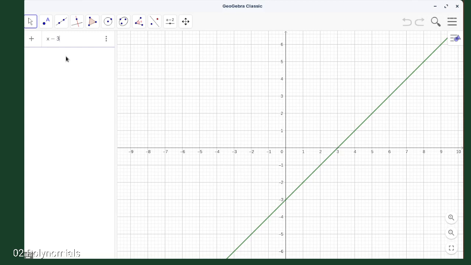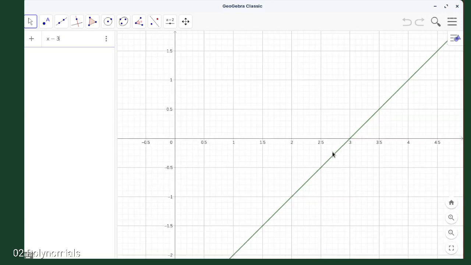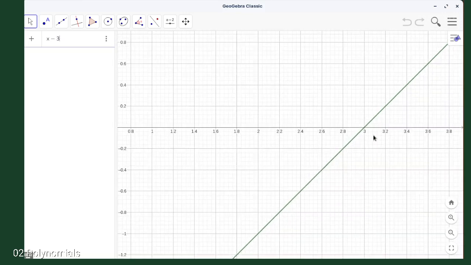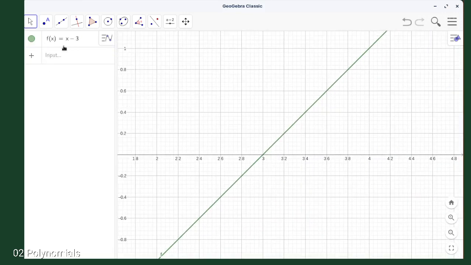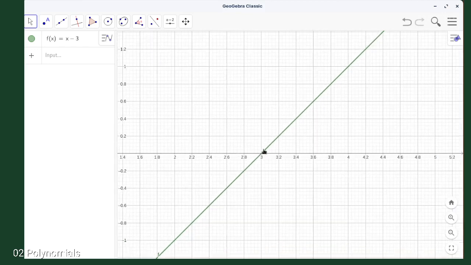Now, what is the zero of the polynomial? Remember, I said 3 was the zero of the polynomial. If you look closely, at the value of 3, this line is intersecting the x-axis. If I zoom out a bit, you will understand.